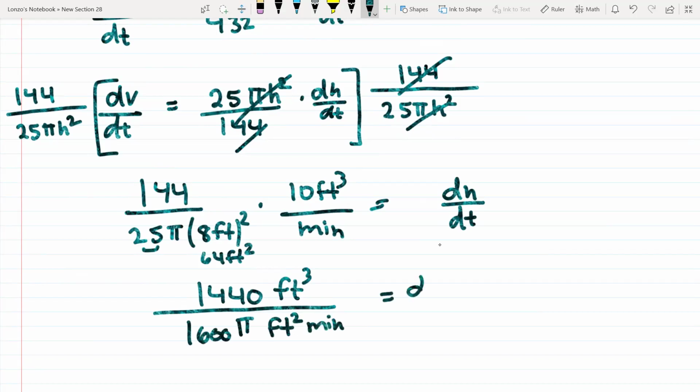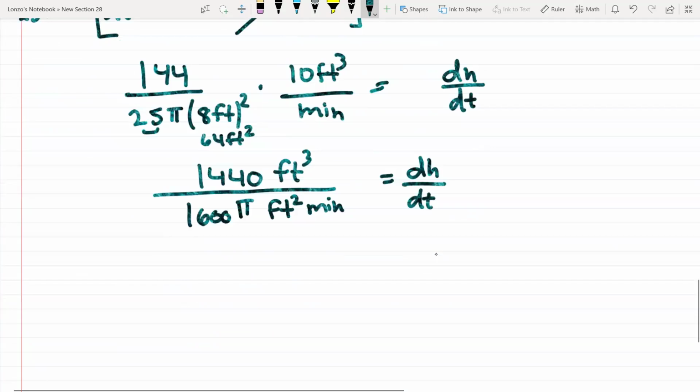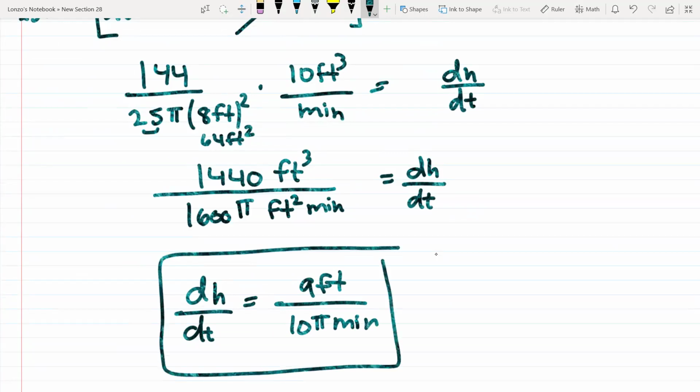And that gives you dh/dt. Okay, so your final answer, reduced, dh/dt is 9 feet over 10 pi per minute, right? Because the feet cubed over feet squared is just feet, and then you're still left with minute. So this is your speed. This is your dh/dt, which is what they want to know.